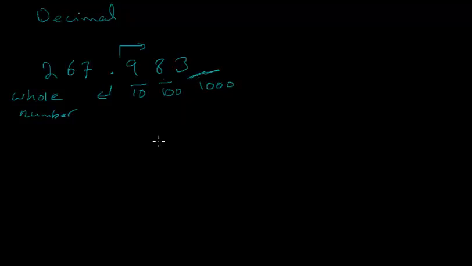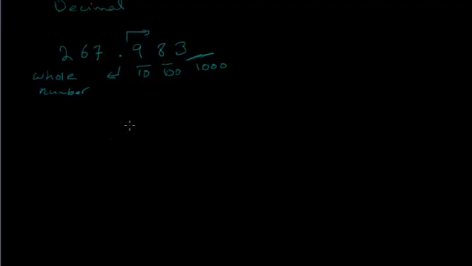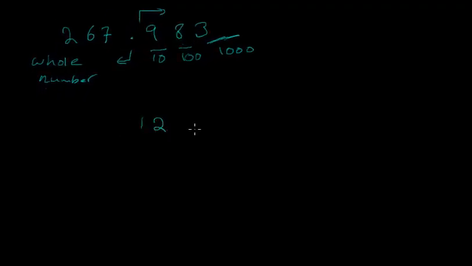Let's work with an example. Let's say we have a number 12.3875069. How do we read it, and what does it signify?